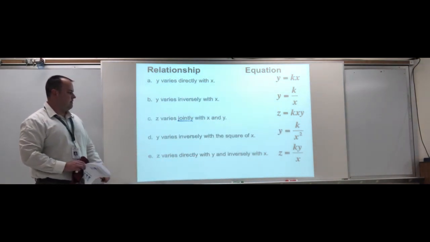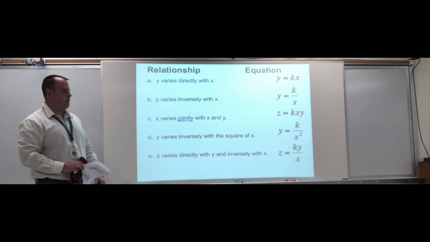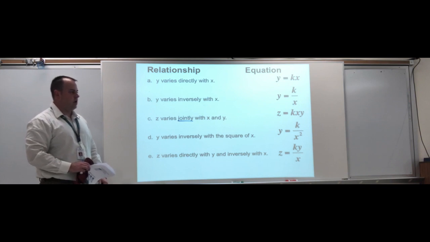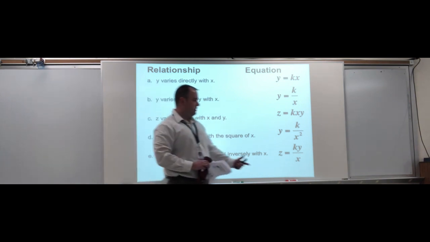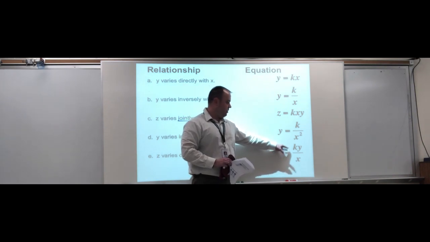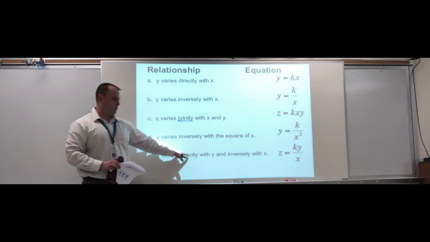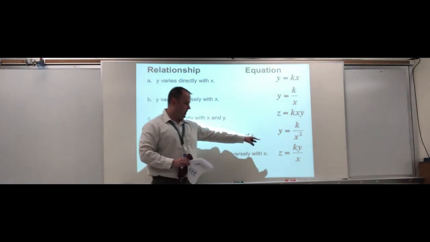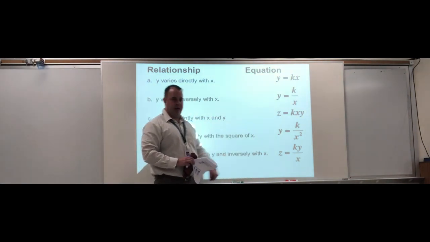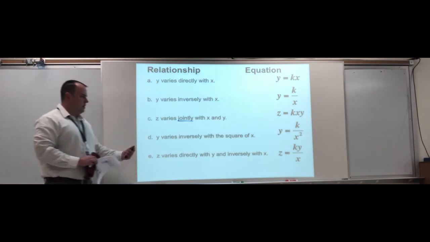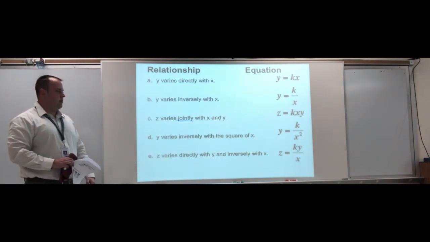And the last one, Z varies directly with Y and inversely with X. So here we're putting the two together. Z equals K times Y, and that's where the directly comes from, directly with Y, divided by X, inversely with X. So you're just putting both the inverse and direct together.